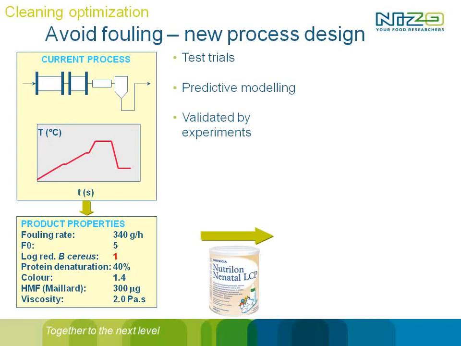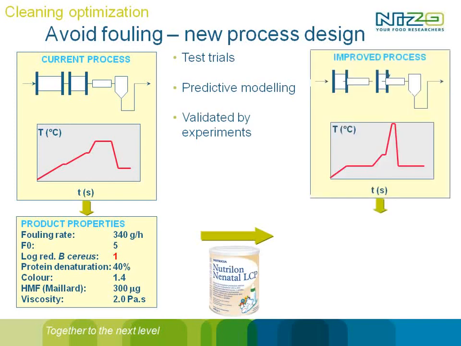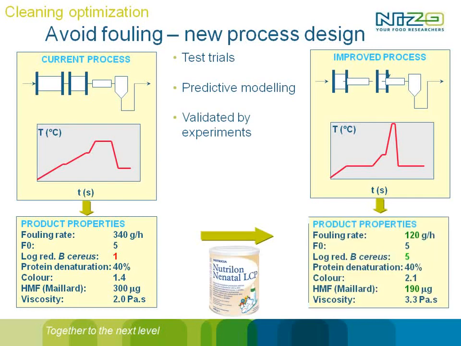We did some test trials in our pilot plant, combined the results of these test trials with a predictive model within this NISO Premia, validated it by experiments, and we could optimize the process. So we got a new time temperature profile. We had the whole setup of the process changed, leading to a better designed heat exchanger process.